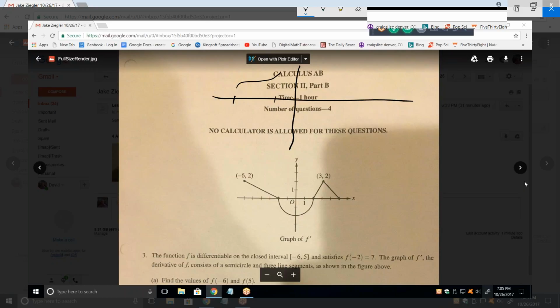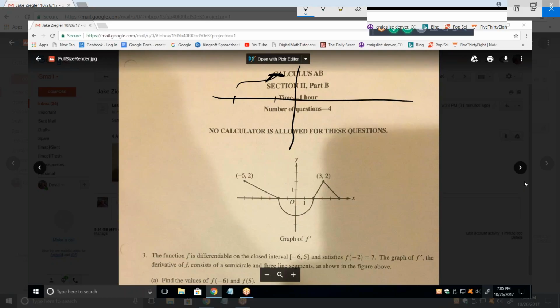Now, at -2, the derivative is 0. So we have to have a flat spot in the original function. And f of -2 has to equal 7.